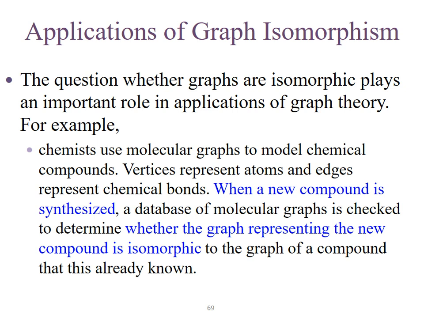Lastly, let's see the applications of graph isomorphism. Actually, we can verify if a new compound synthesized by the chemist is the same as the previous one. If you know the graph structure of that compound, then you can apply graph isomorphism to compare the new compound to the existing ones.